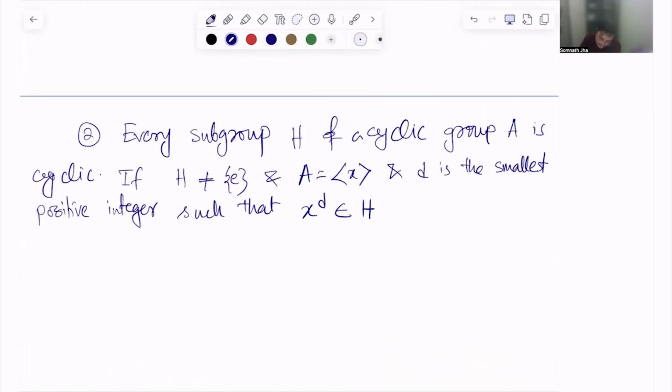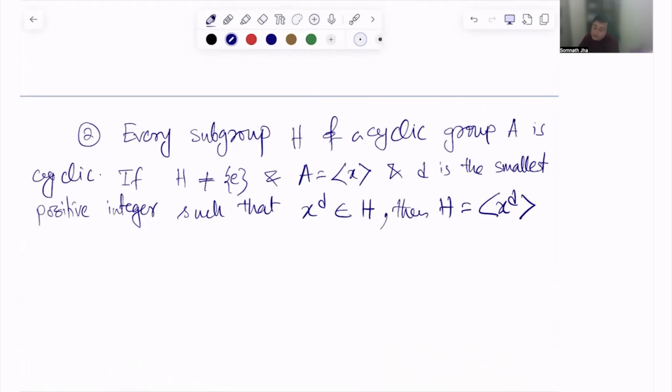So this not only tells you that every subgroup of a cyclic group is cyclic, it also tells you how to identify the generator of the subgroup.